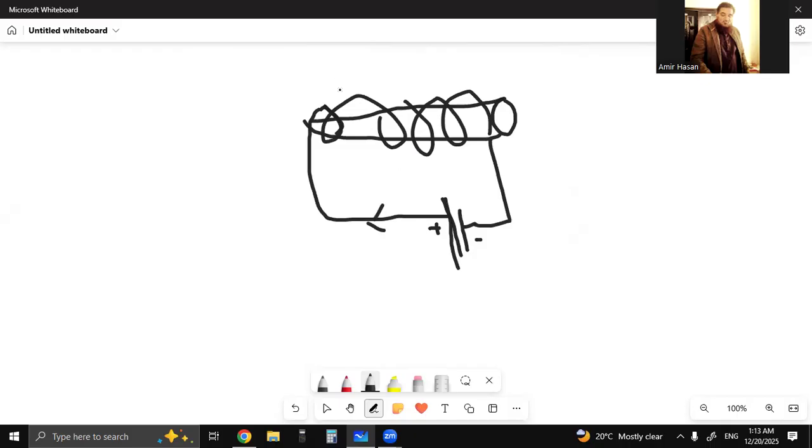In this coil, current moves like that, from the positive terminal to the negative terminal.